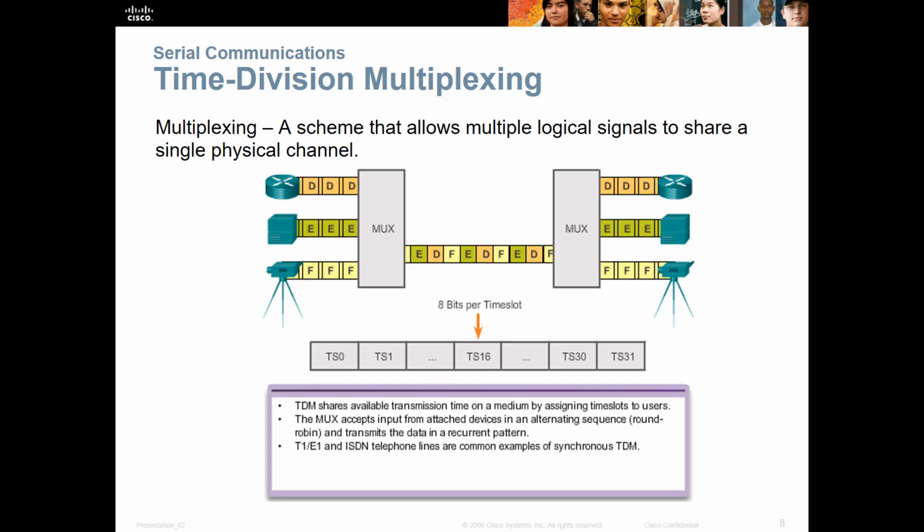So one way that we deal with our serial communication is with time division multiplexing. And part of that is multiplexing is the scheme that allows multiple logical signals to share the same physical media or same physical channel. Basically, time division is we will sparse out time, and each section gets an X amount of time on that wire.